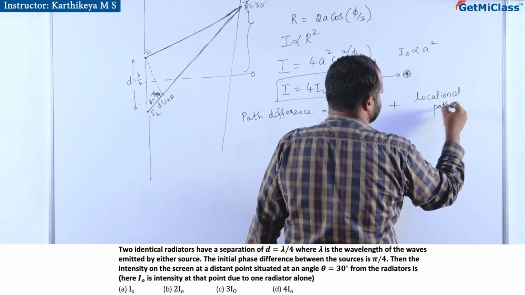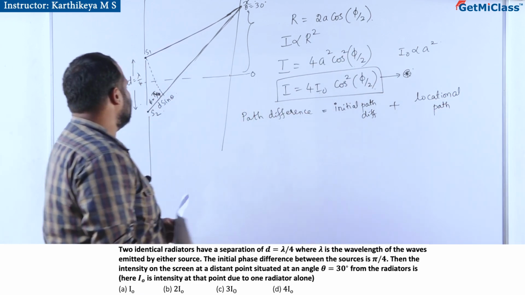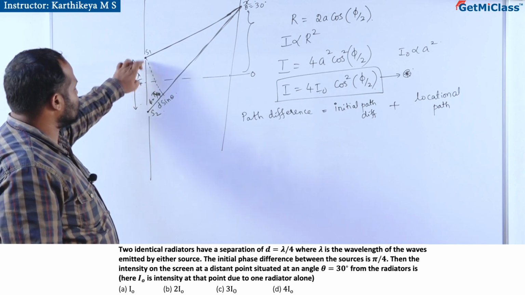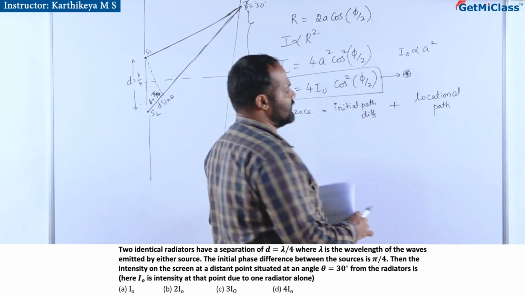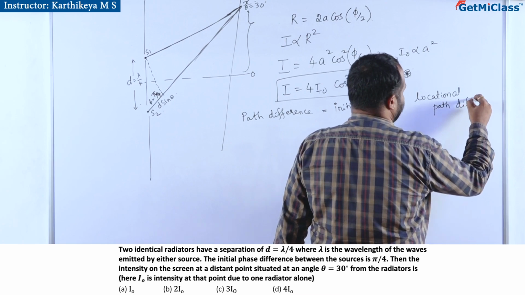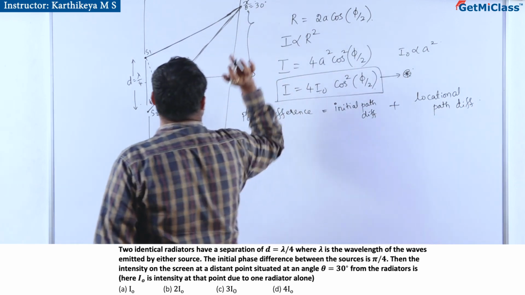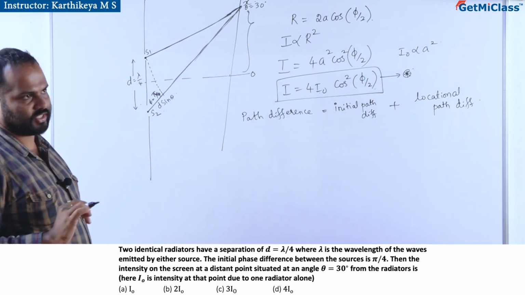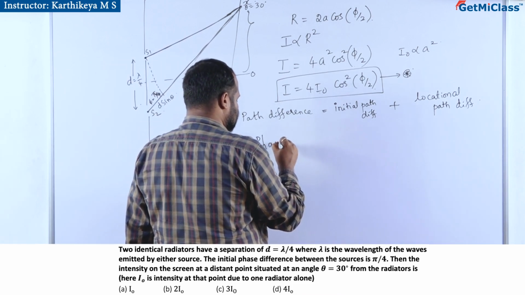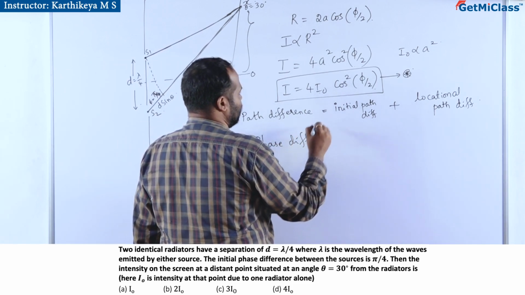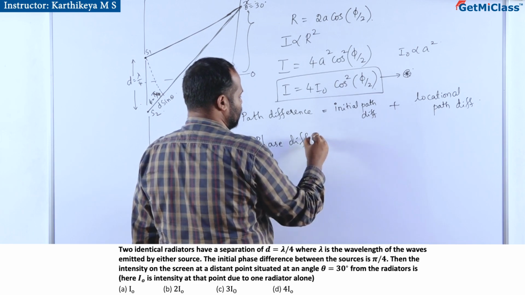Had it been at the center between the sources S1 and S2, this locational path difference wouldn't have existed. Now it is not at the center, that is why that locational path difference also exists. So phase difference is what we require. Phi we need to calculate.